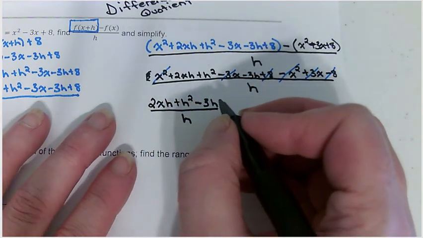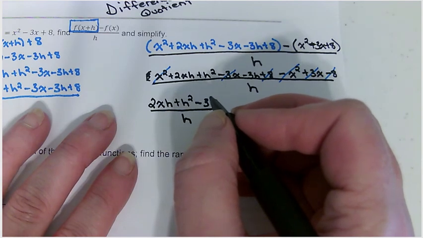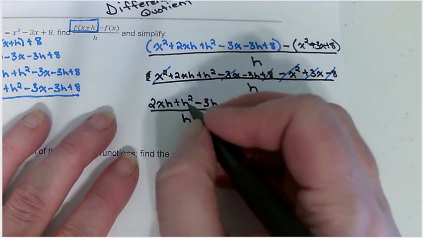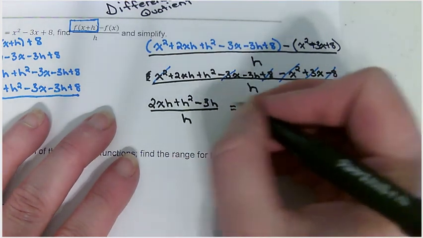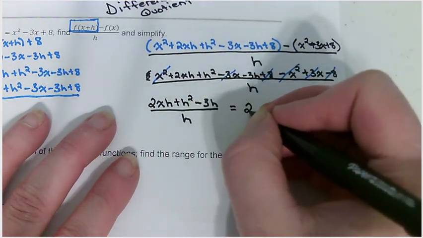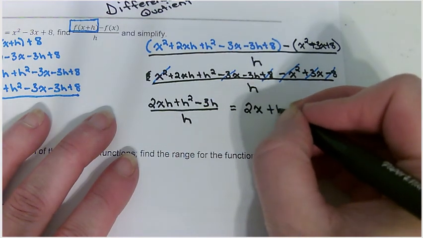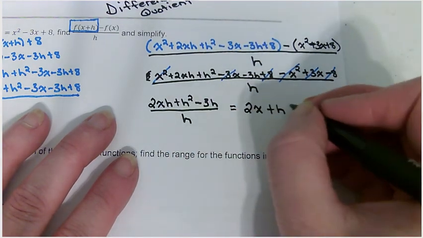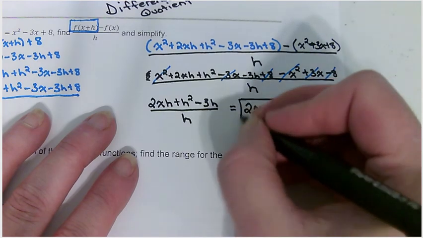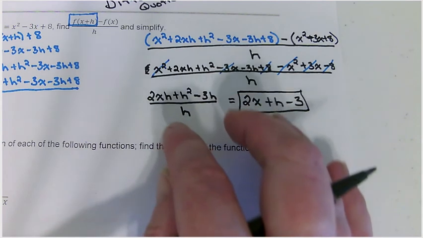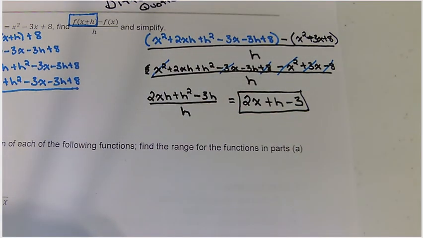Notice everything that's left has h's in it. So if they all have h's in it, I can divide each term by h. So the first one would be just a 2x. H squared divided by h is h. Then that would be a negative 3. So look, it got really ugly, but it simplifies nice and pretty.